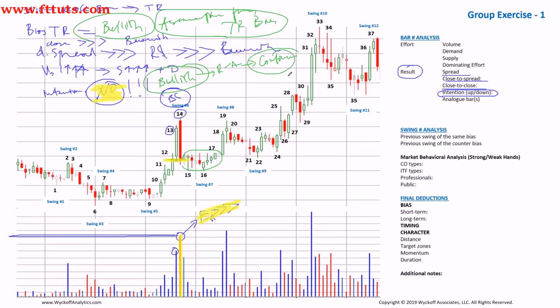And if we can't find the confirmation, then we will reverse this bias to bearish. And if we confirm the bias, then we will be thinking that phase C is going to be the place for us to open a position or to add to the position. And then as we see the confirmation of phase C, we want to be more aggressive, to get into position much faster, to create more size, and so on and so forth.